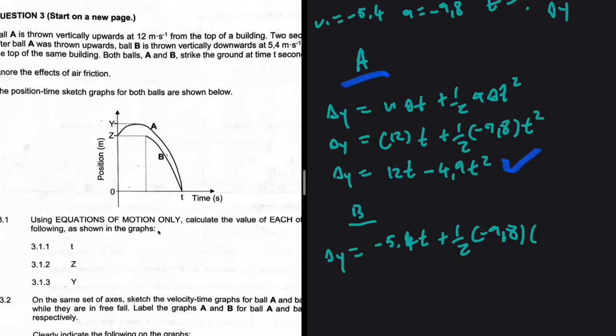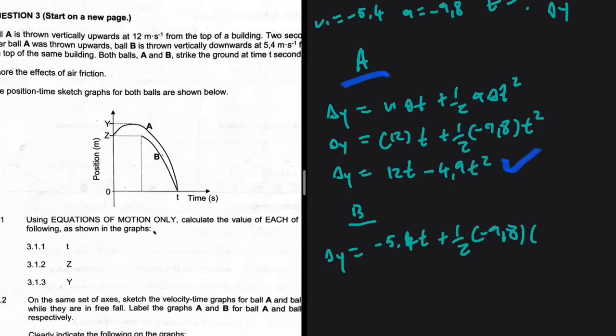But anyway, ball B was thrown 2 seconds after ball A was thrown. So the time for ball B should not be t. If you made that mistake, you don't get the answer. The time for ball B is actually t minus 2, because it was thrown 2 seconds later and it strikes the ground at the same time as ball A. So don't make that mistake.